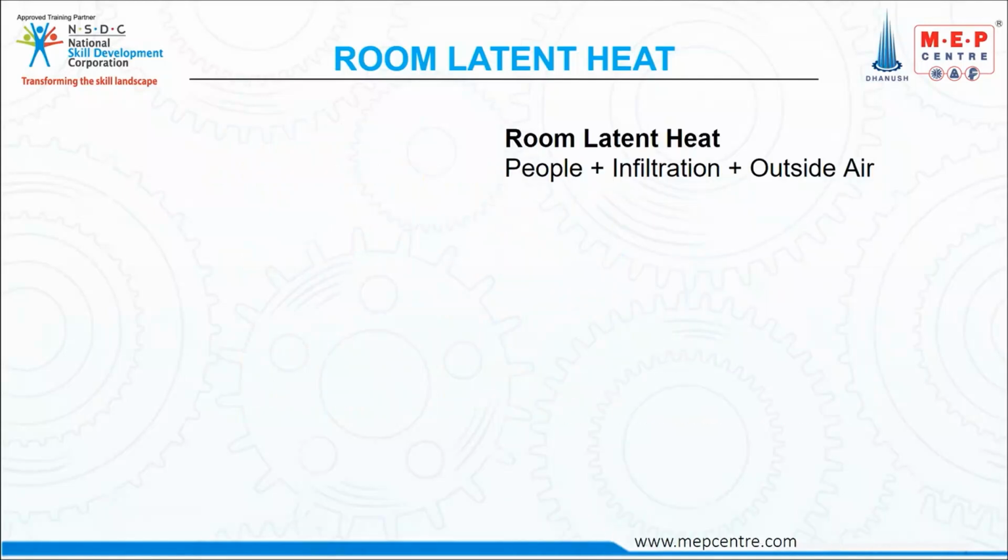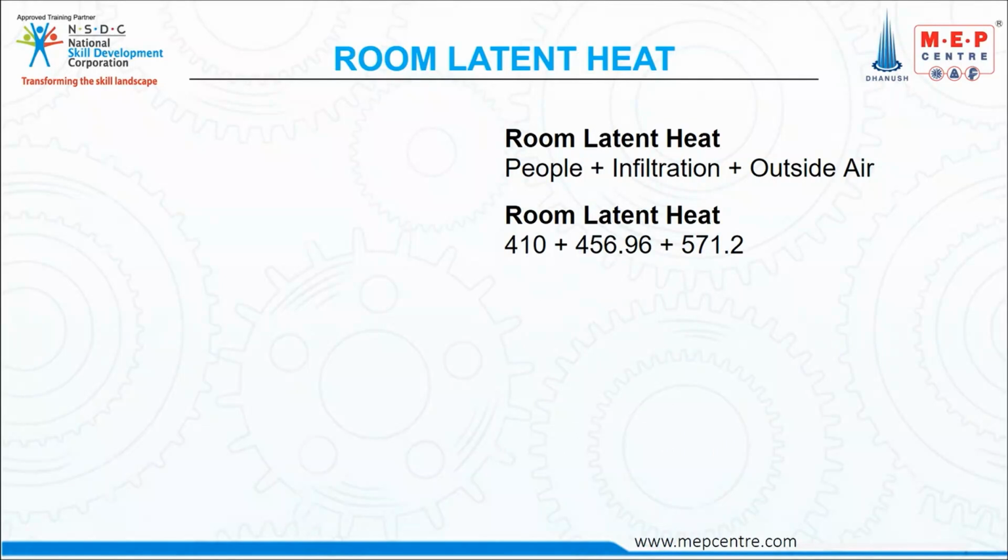Therefore, room latent heat equals people plus infiltration plus outside air, which is 410 plus 456.96 plus 571.2, which equals 1438.96 BTU per hour.